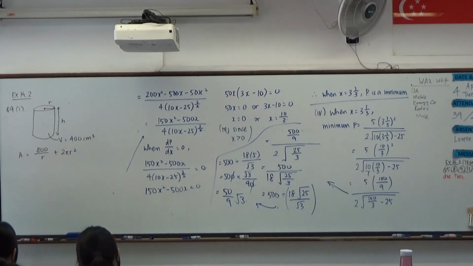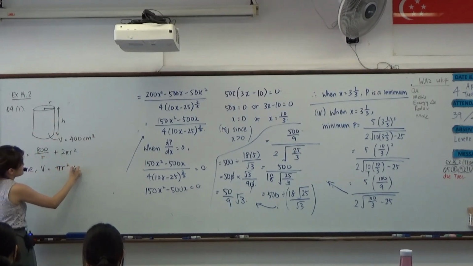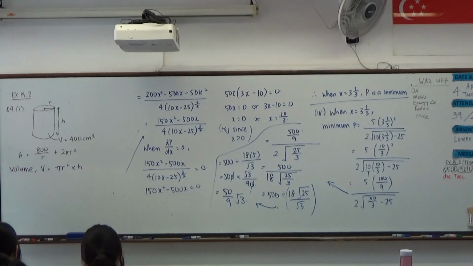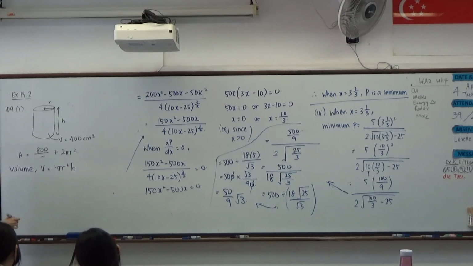So, to do this, for our volume formula for a cylinder, we shall let V represent that variable. V will be equal to pi r squared times height, because the formula of a prism is base area times height. So you can write it as pi r squared h, that's also fine.